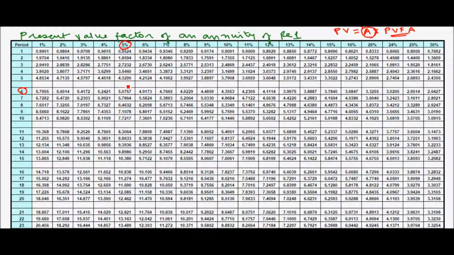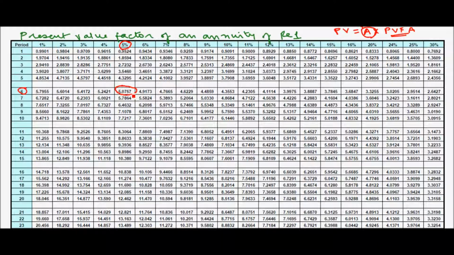So the intersection of these two gives us the value 5.0757. So what this means is that if you want an annuity of rupee 1 for the next 6 years, at the end of each year, at an interest rate of 5%, then you need to invest rupees 5.0757 today.